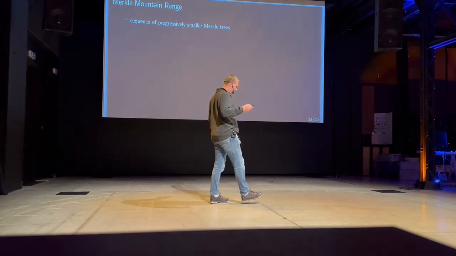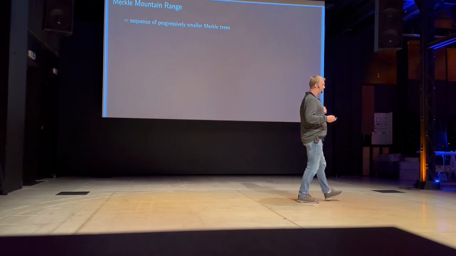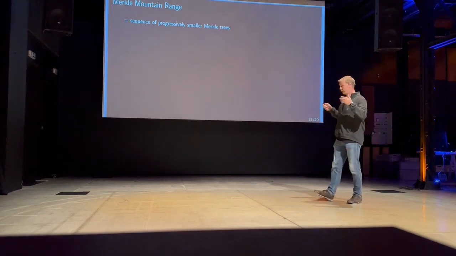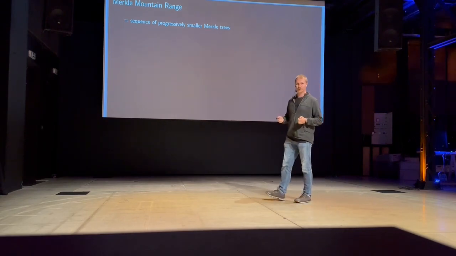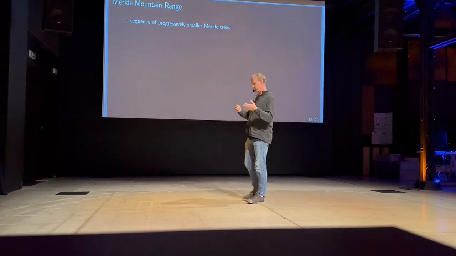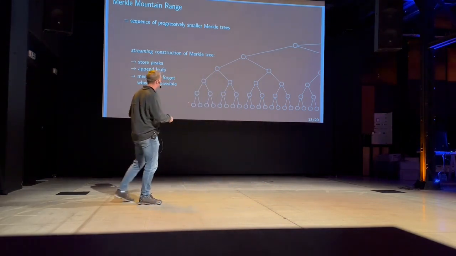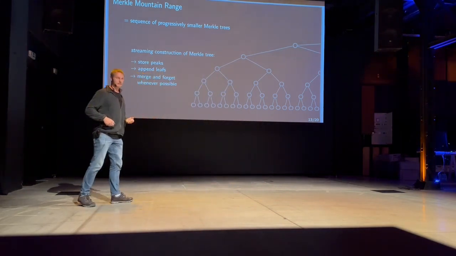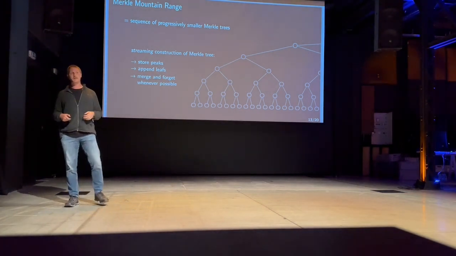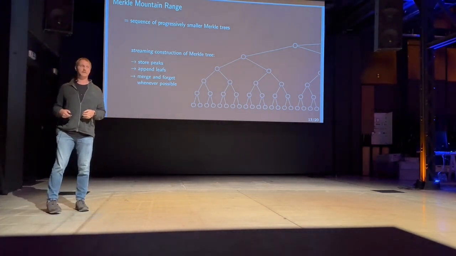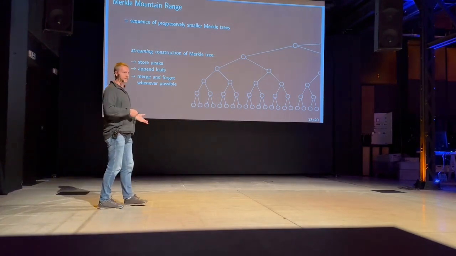And so what we're going to end up doing is we're going to build a sequence of Merkle trees and combine them whenever we can. So think of this Merkle tree as infinitely long, and we're going to run over all the leaves, and whenever we can combine two trees of same height, then we combine them.